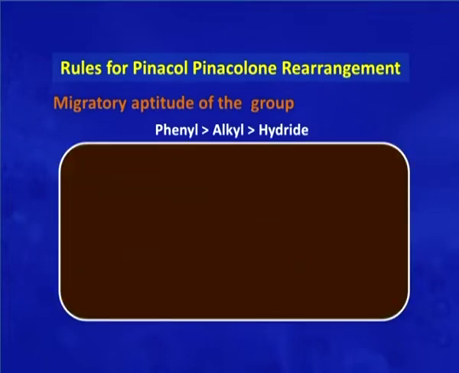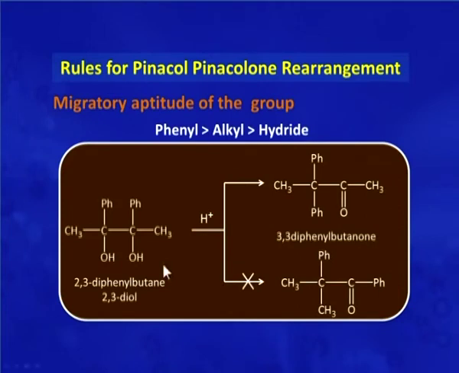In the present example, when this 2,3-diphenyl butane 2,3-diol undergoes pinacol-pinacolone rearrangement, either of the two hydroxy groups can be protonated because both the carbons are symmetrical. Now, when water goes off after protonation, a tertiary carbocation is generated.